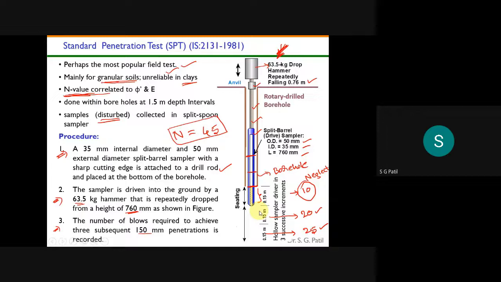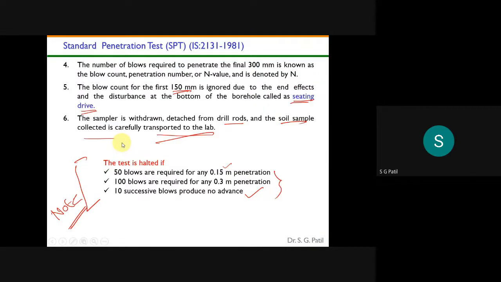If you keep on hitting this sampler inside the ground with the 63.5 kg hammer even though the resistance is very high, the sampler will get damaged, and the sampler costs quite a bit. So to avoid that, if 10 successive blows are not producing any penetration, that means your ground is very hard and the sampler is not able to penetrate the soil. That will be your refusal, so you count it as a refusal.